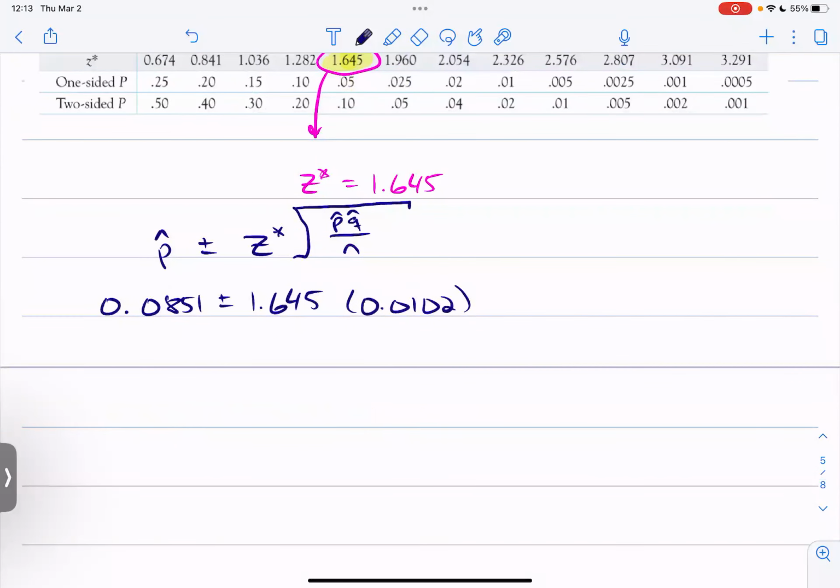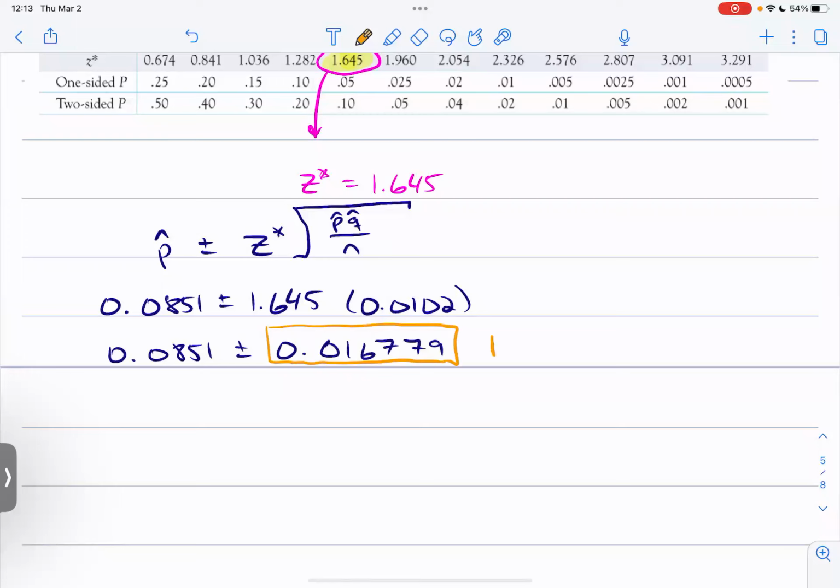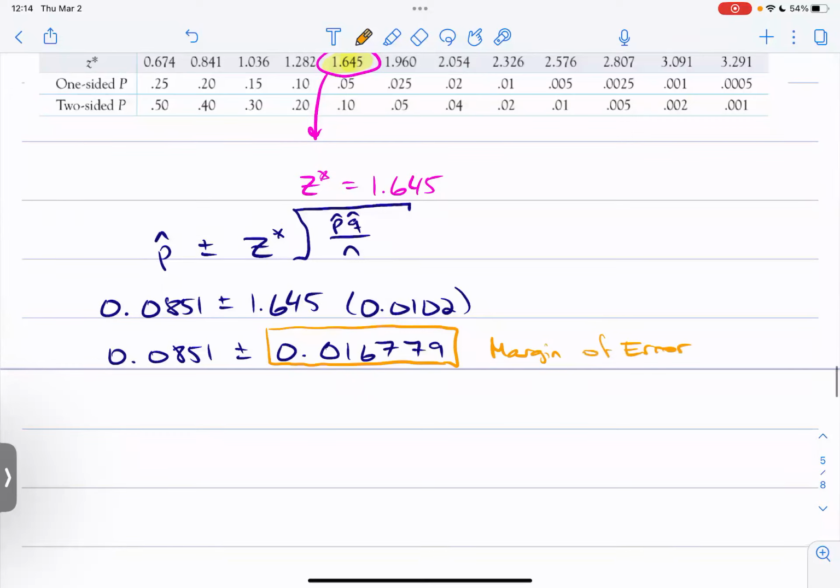Okay. So then, just stealing from my notes here, 0.0851 plus minus, if I multiply those out, 0.016779. As a note, this value here is the margin of error. Margin of error is 1.68% if you want to talk about it in terms of percentages, which we often do.